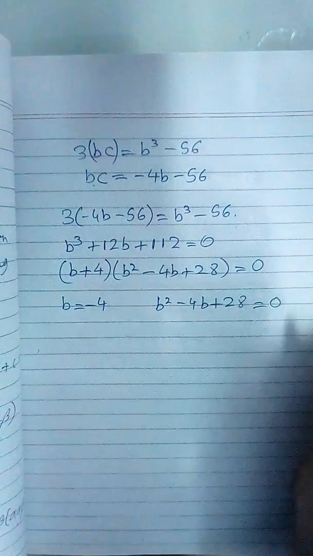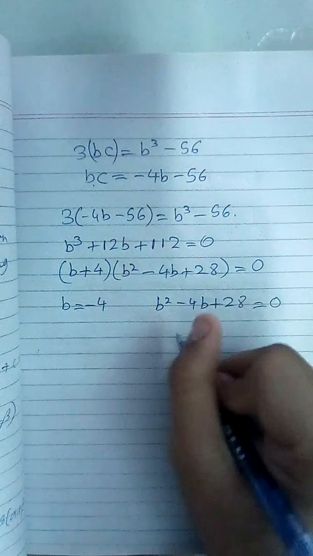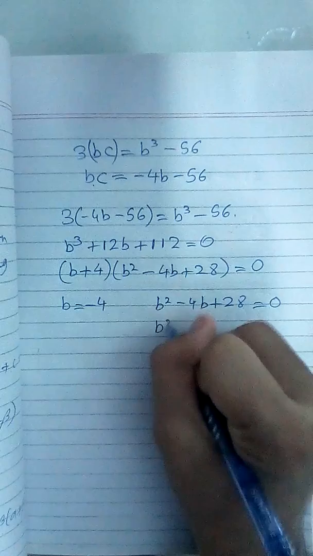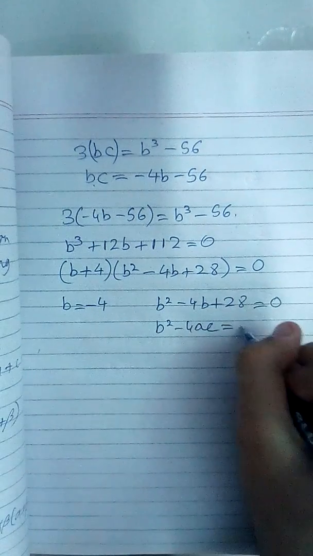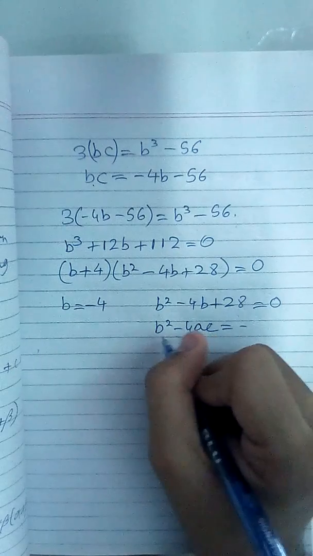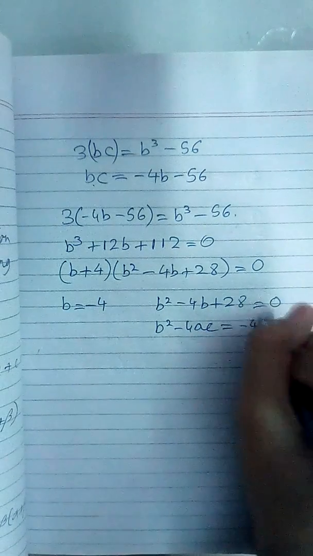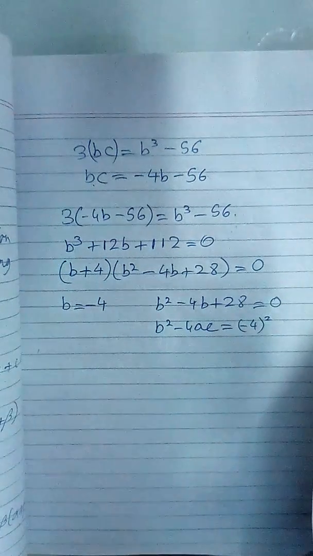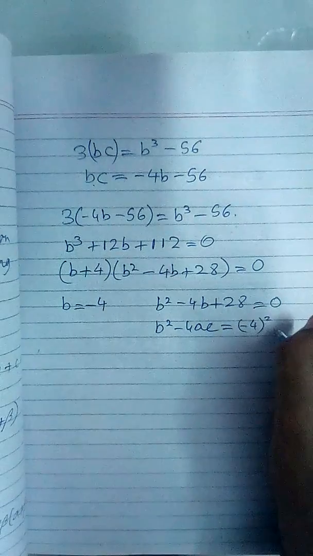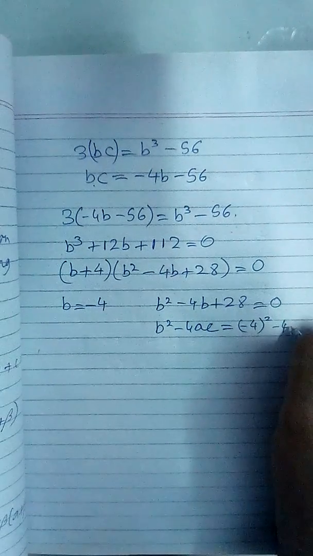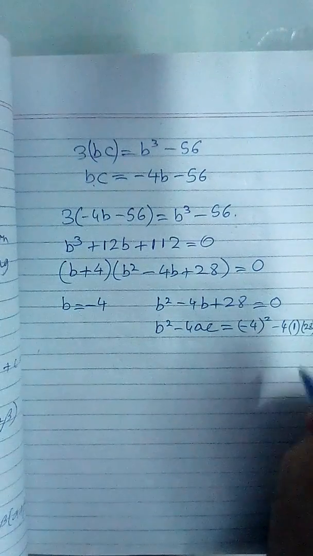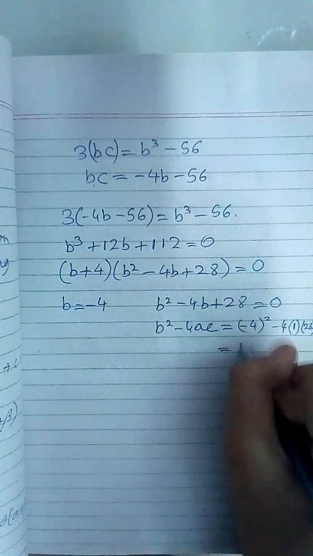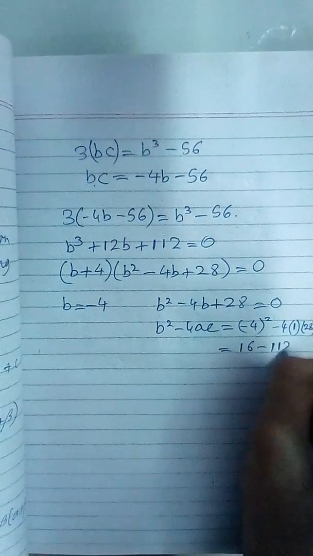The discriminant over here is b square minus 4ac. Now this b is different, this b belongs to the discriminant. You have learned it in P1. So minus 4 square minus 4 times 28 equals 16 minus 112.